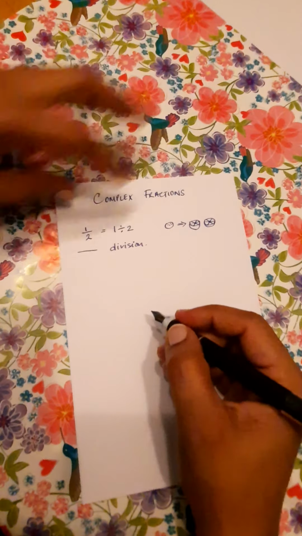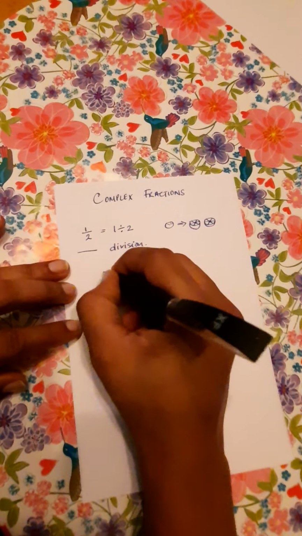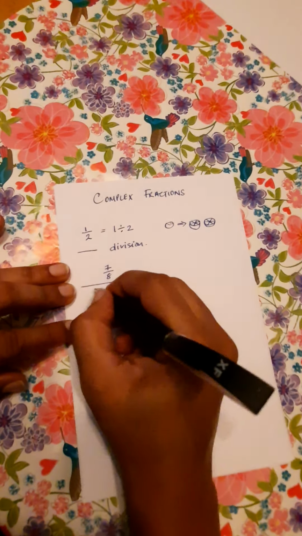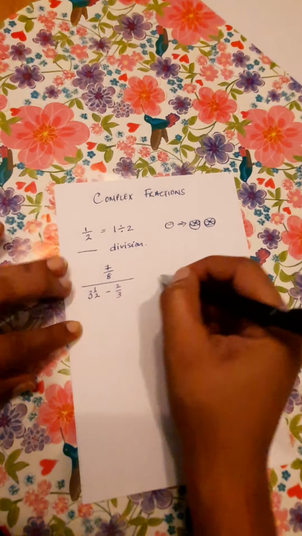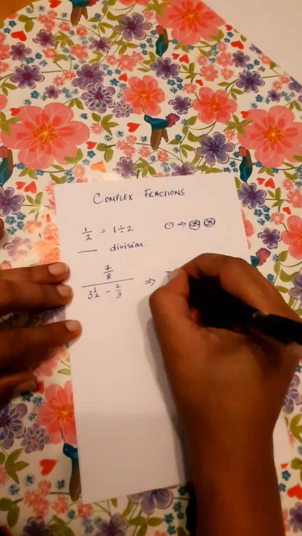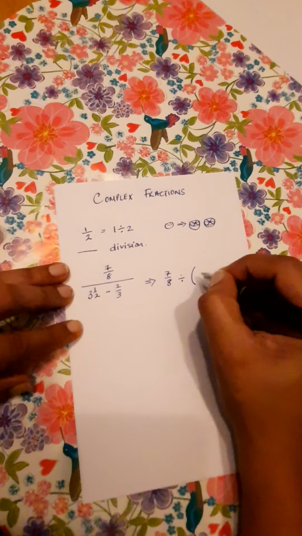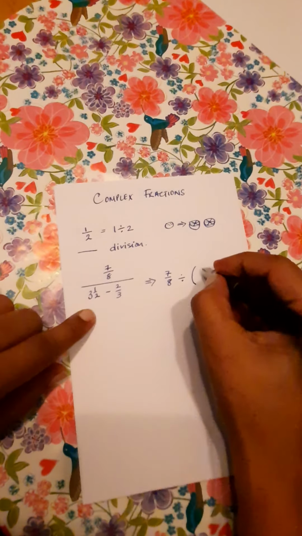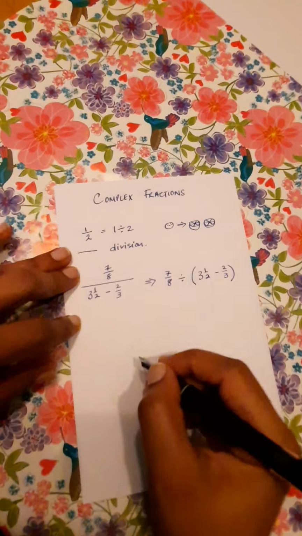So when CXC gives us a question that looks like this, 7/8 all over 3½ minus 2/3, really this is 7/8 divided by what? I'm putting it in brackets because this was together. I have to work that out together. 3½ minus 2/3.